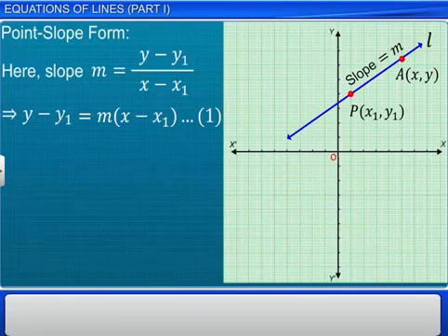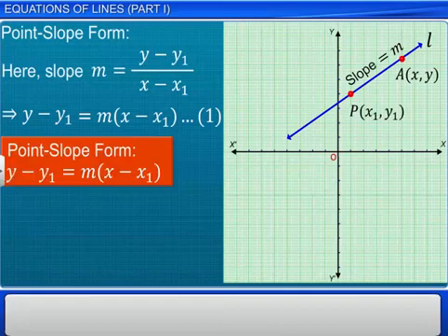A point A can lie on line L only if its coordinates satisfy equation 1. Equation 1 represents the point-slope form of the equation of a line passing through a given point (x1, y1) and with slope m.